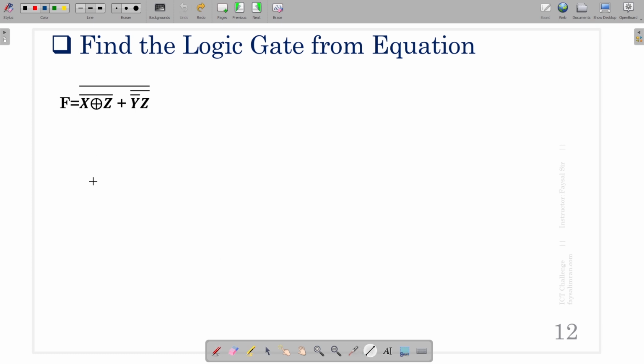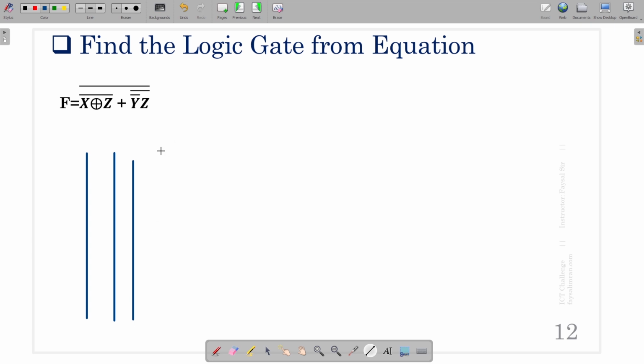So we write here x, y, and we need y bar, and also we need z. Now x, y, z.